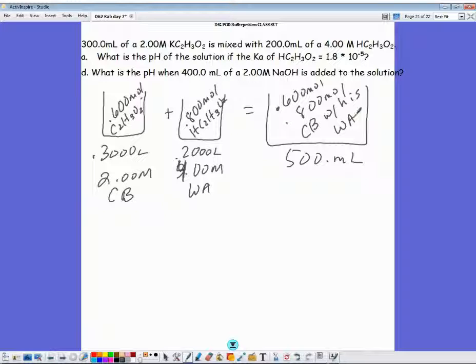We call that the HH. So I must get in the habit of saying to myself, if I have a buffer, I'm going to use the HH. What in the world is the HH? It is nothing more than the Ka expression, rearranged.